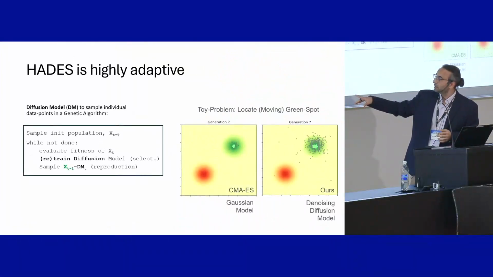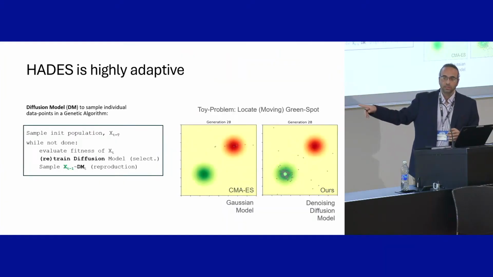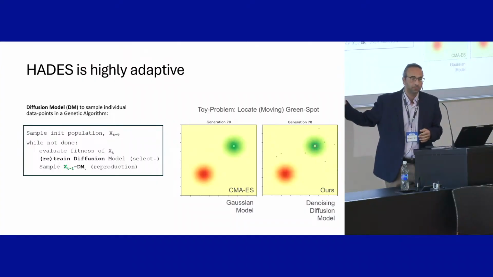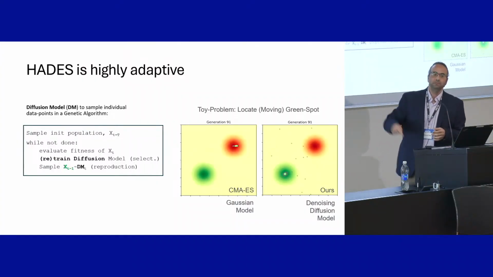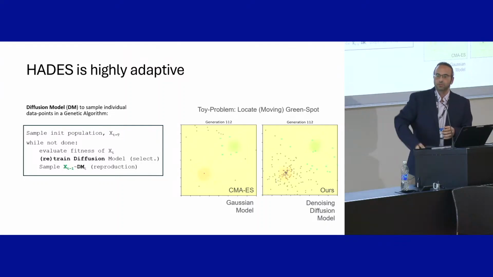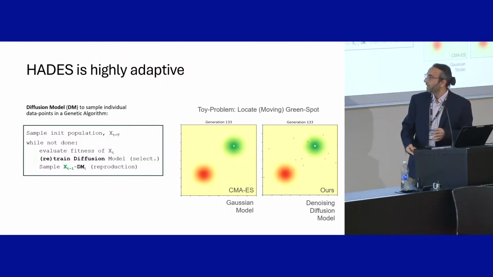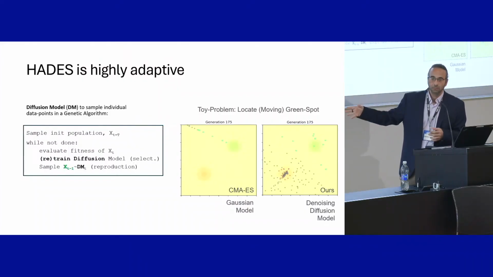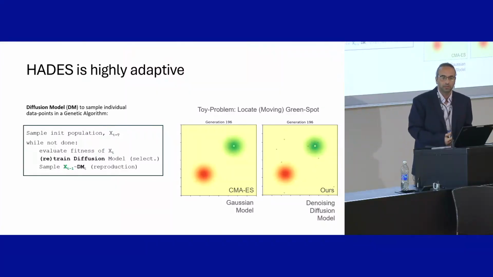In this case, we also try to identify the highest point, or in this case, the green point. But here, the environment changes. The environment changes all the time, on the fly. And the best evolution algorithm was unable to adapt quickly enough.